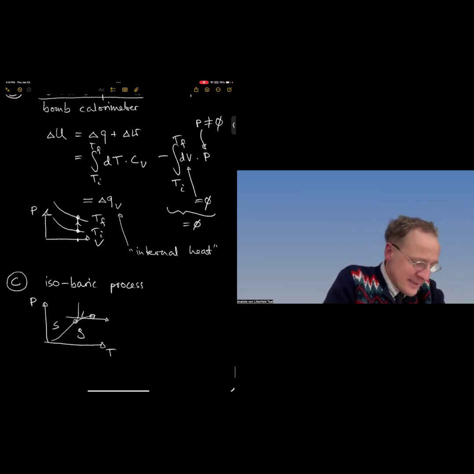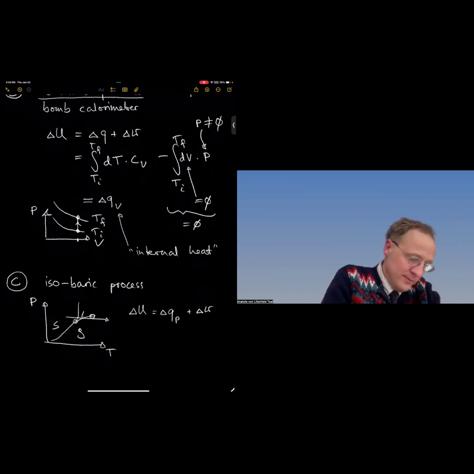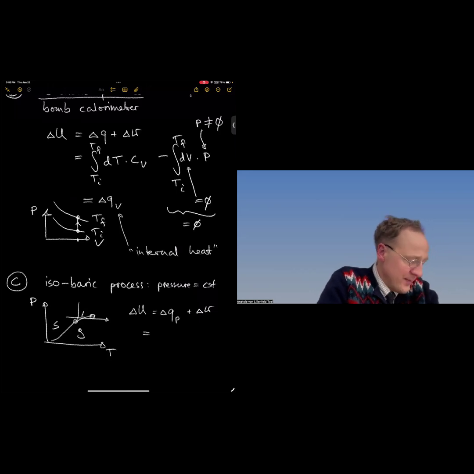And so in this case, your delta U is your delta Q, but now at fixed pressure, not volume, plus a delta W, your work term. Now, isobaric means pressure is constant, right? So that means my delta QP minus the integral over dV times P, but my pressure is constant.